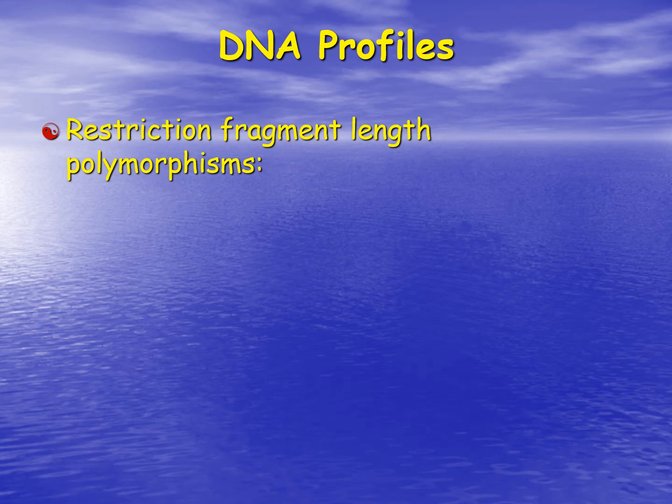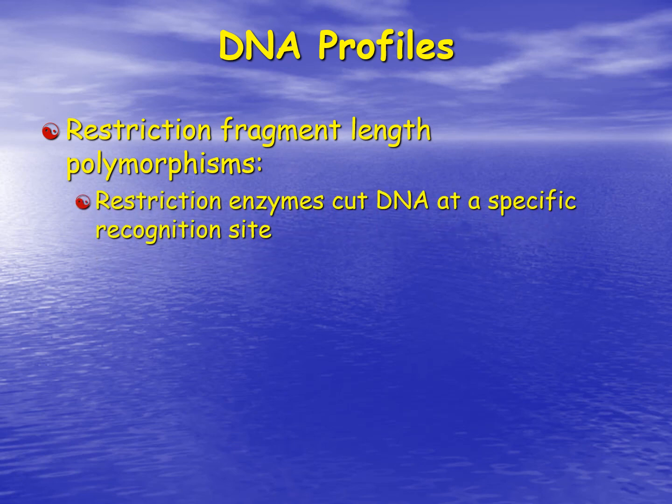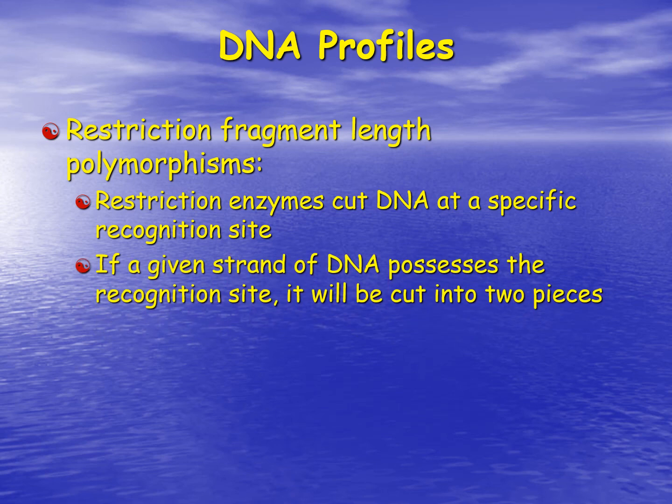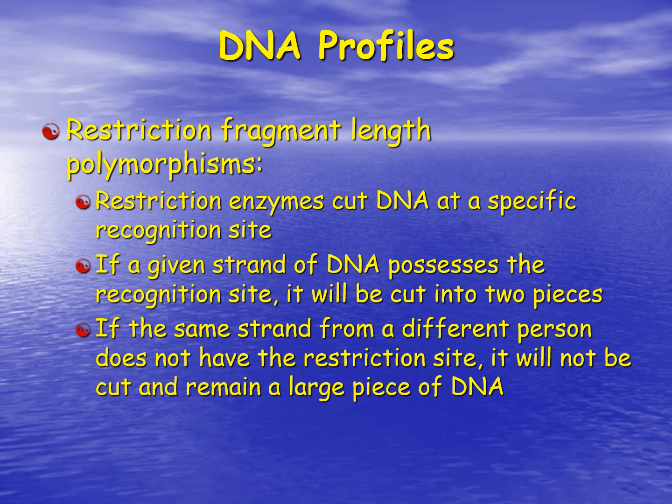Restriction fragment length polymorphisms: these restriction enzymes cut DNA at specific palindromic recognition sites. So if a given strand of DNA possesses the recognition site, the restriction enzyme will cut the DNA at that point. If the same strand of DNA is from a different person and does not have that restriction site, then the restriction enzyme will not cut the DNA and it will remain a larger piece of DNA.